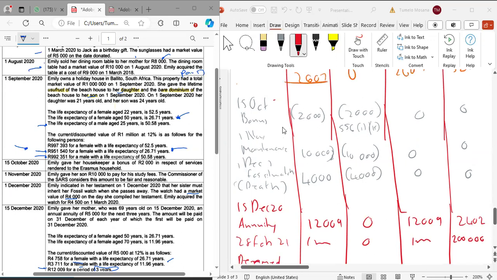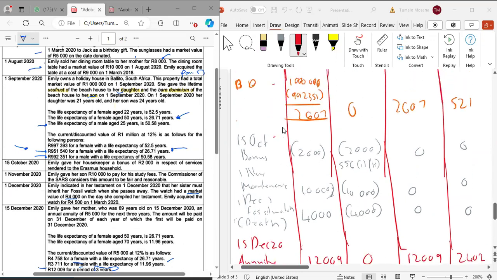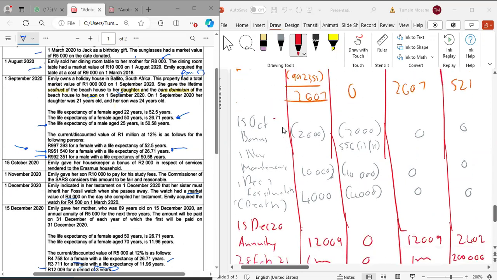On the 4,000, there's nothing, it's just the 4,000. I'm saying on the 1st of August, the one where Emily sold a dining table, you minus the 8,000 from the 10,000. So I wanted to ask why on the 4,000 we did not do the same.